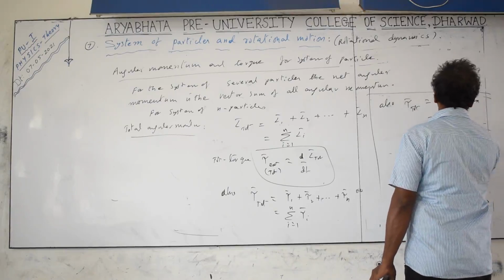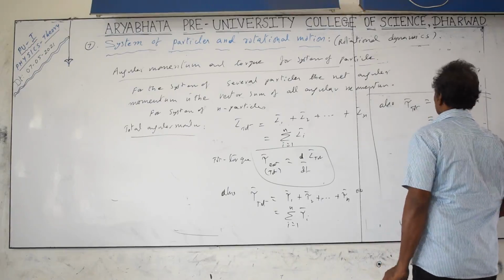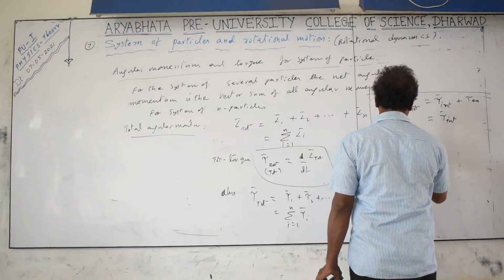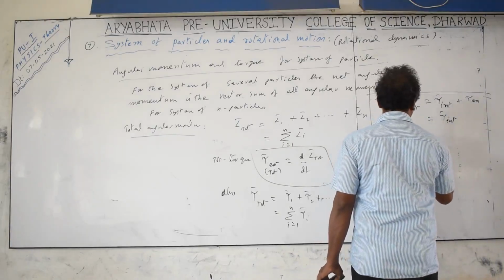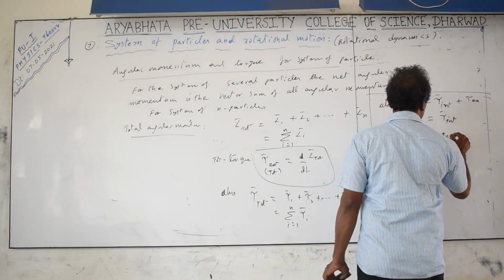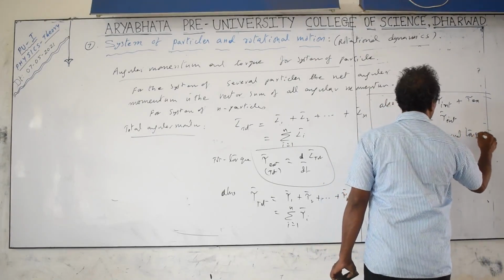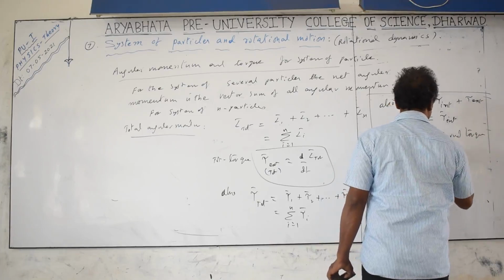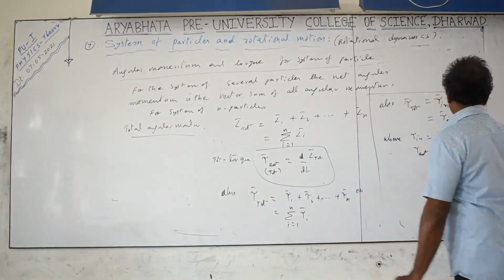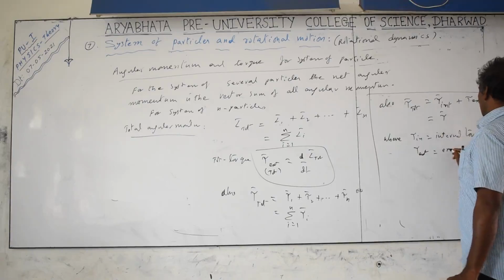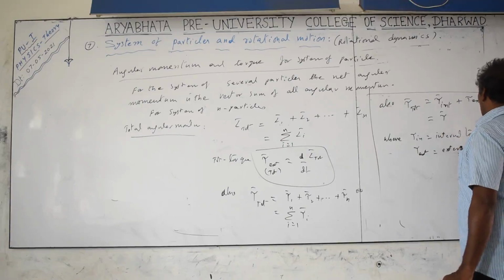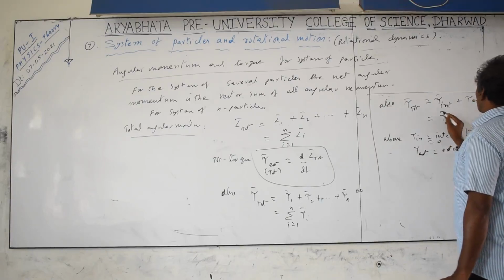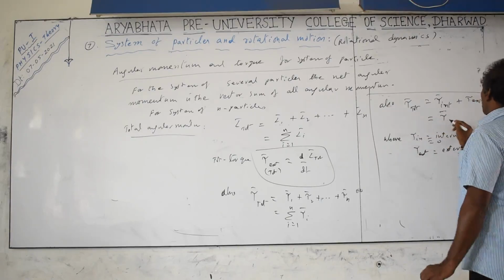This will be equal to tau external only, internal should not be taken, where tau int is internal torque and tau ext, subscript ext, is external torque. But internal torques will be equal to 0. So what you have to consider is that total torque is supposed to be equal to external torque.